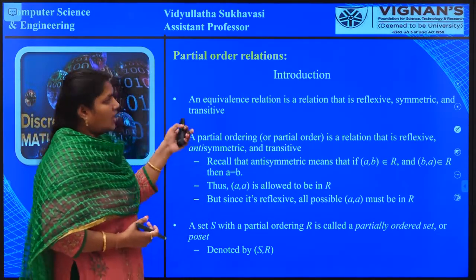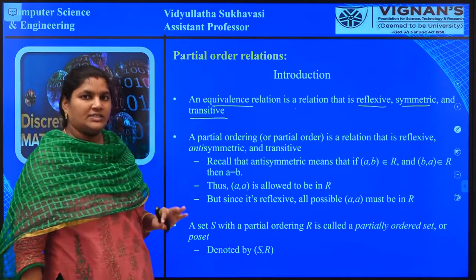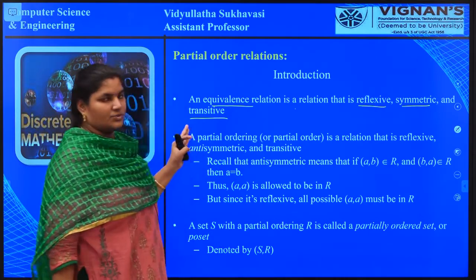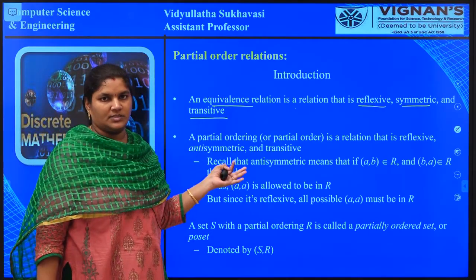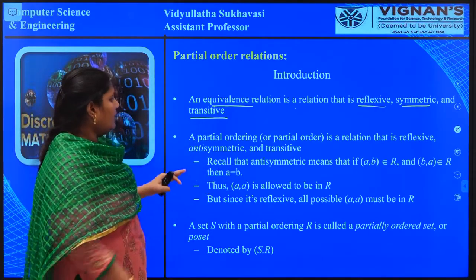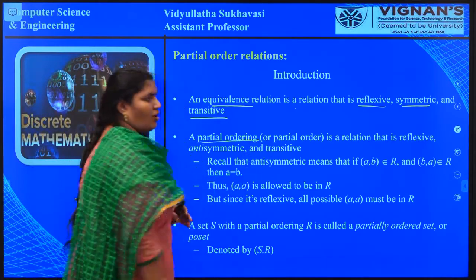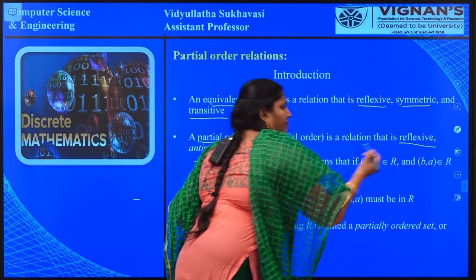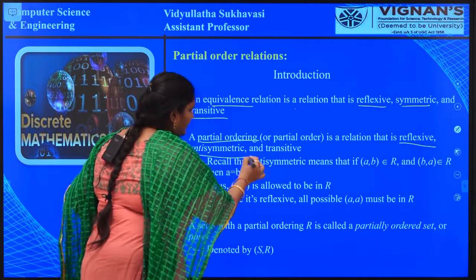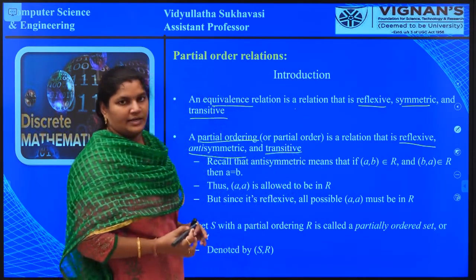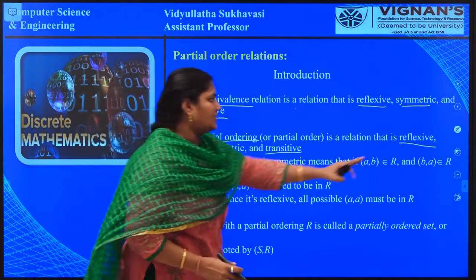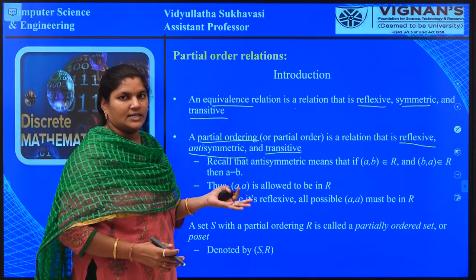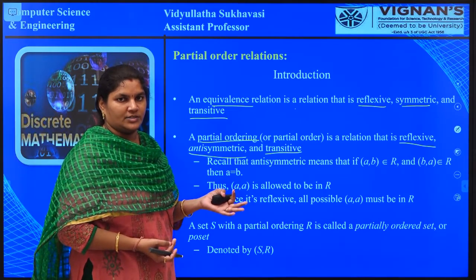If the relation R satisfies reflexive, symmetric and transitive, then we call it an equivalence relation. In the same way, we call it partial ordering if it satisfies reflexive, anti-symmetric and transitive properties. If the relation R satisfies these three properties, then only we can say that the given relation R is a partial ordered relation.